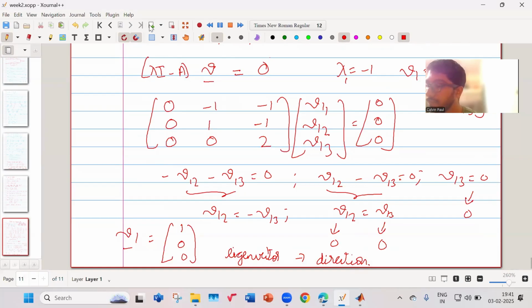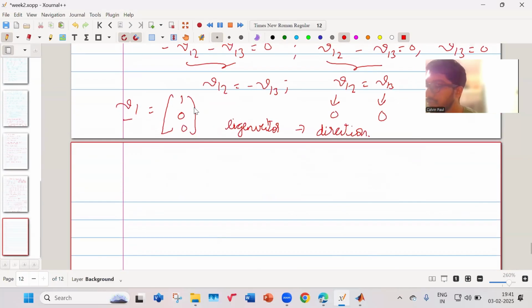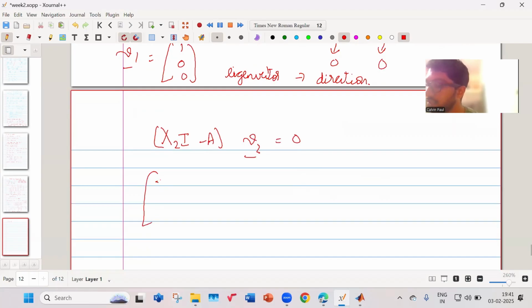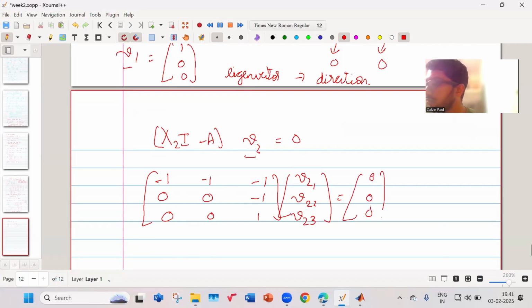Similarly, we can find another eigenvector. So lambda 2 I minus A into v2 bar should be equal to 0. So this will be the matrix minus 1, minus 1, minus 1, 0, 0, minus 1, 0, 0, 1 into v21, v22, v23 is equal to 0, 0, 0.